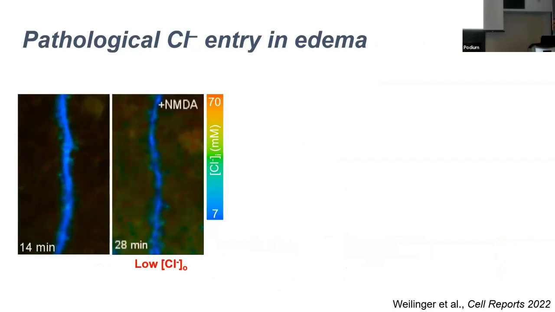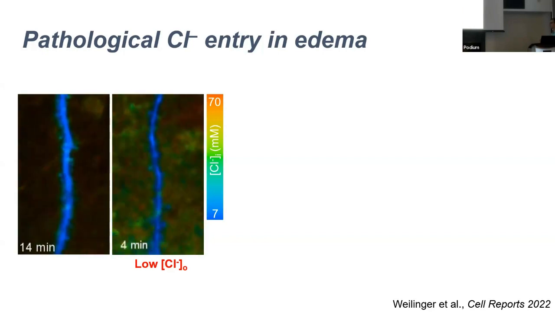And so what immediately should jump out at you is, again, low chloride is the cooler colors, and in red is very high concentrations of chloride, upwards of 70 millimolar and beyond. You see the evolution of the formation of what we call chloride microdomains or hotspots, where the chloride concentrations seem to rise in a very stereotyped way.